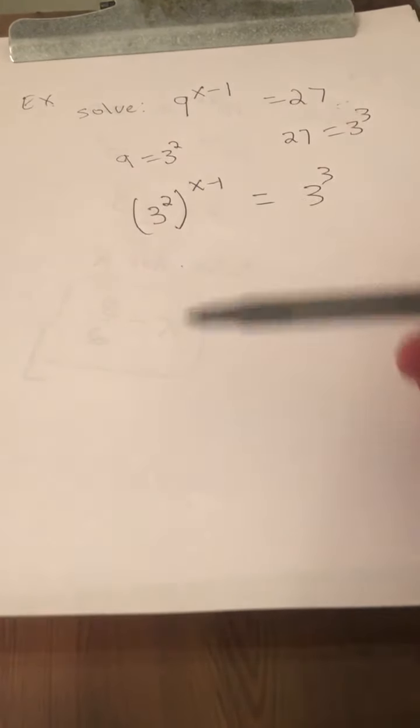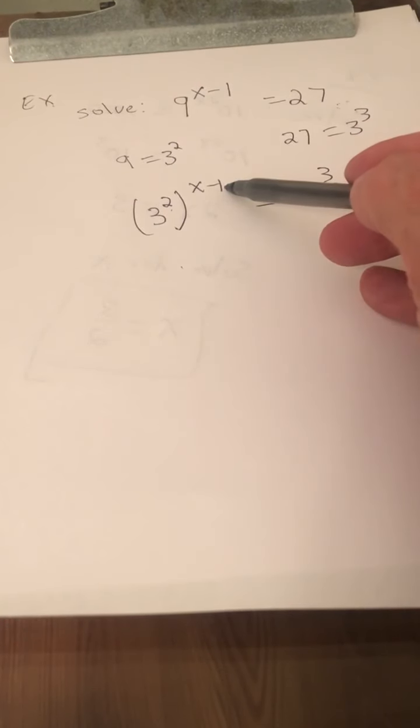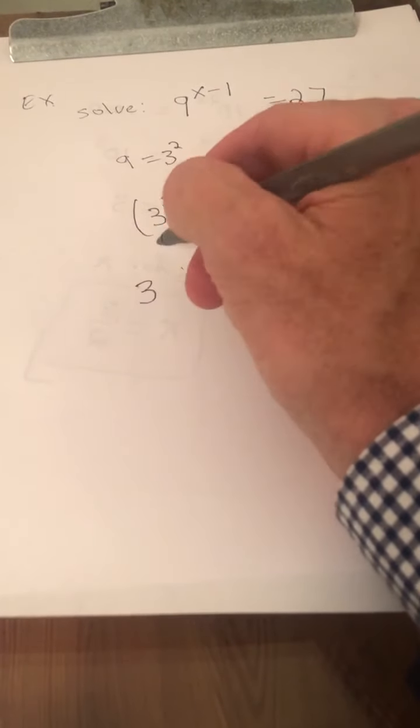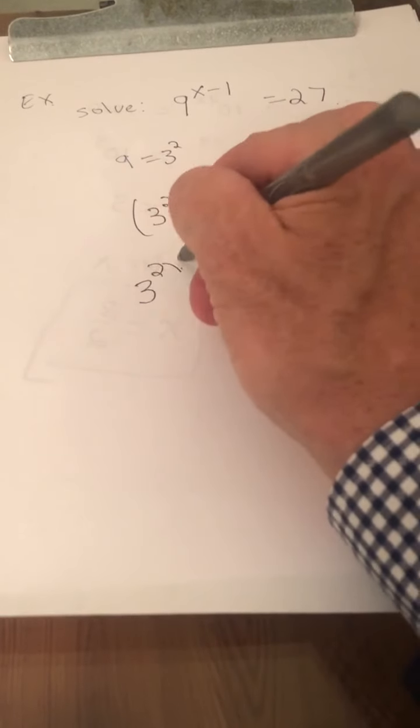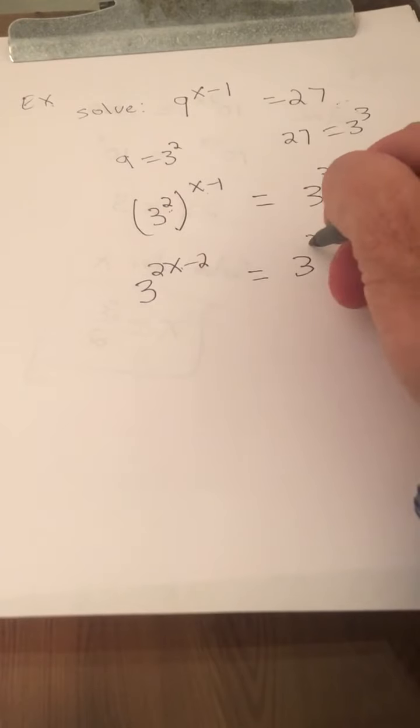Now, using laws of exponents, when we raise an exponent to an exponent, you multiply. So what we're doing right now is multiplying 2 times the quantity x minus 1. So that gives me 3 to the 2x minus 2 equals 3 cubed.